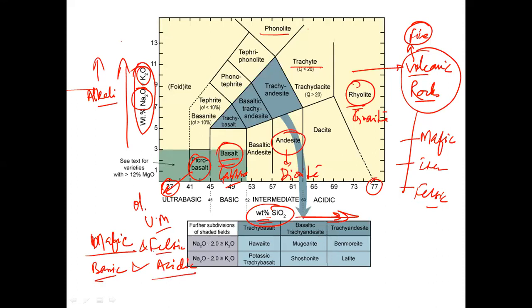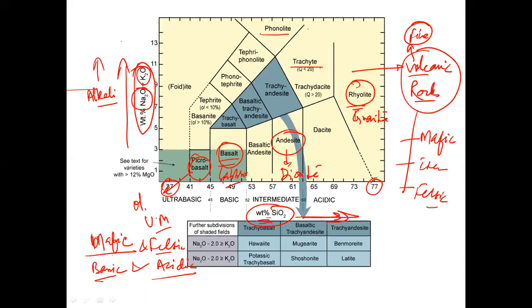Can you tell me the difference between these two, Wahida? Yes, sir. Mafic and felsic are mineralogical compositional terms, while basic and acidic are chemical compositional terms.